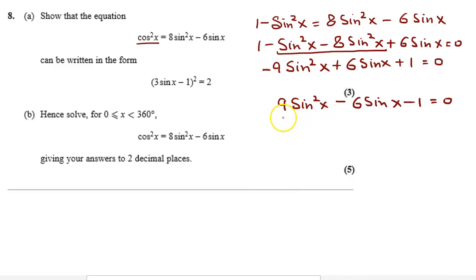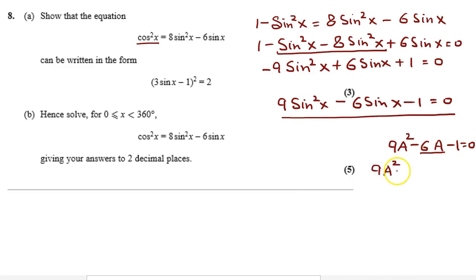Now if you compare this equation, it is 9a^2 minus 6a minus 1 is equal to 0. I have replaced sin by a. It's a quadratic equation, and 9 times 1 is 9, and 3 times 3 is 9, and 3 and 3 is 6. So this 6a I am writing as minus 3a and minus 3a, and minus 1 is equal to 0.